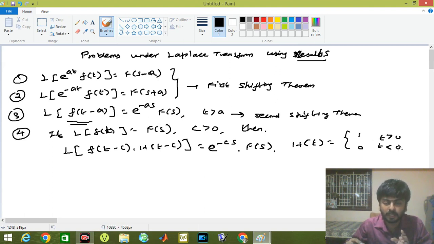If not for these properties, what will happen to the difficulty we face in solving the problem? These properties are very appreciable, which minimizes our time to solve the problem.